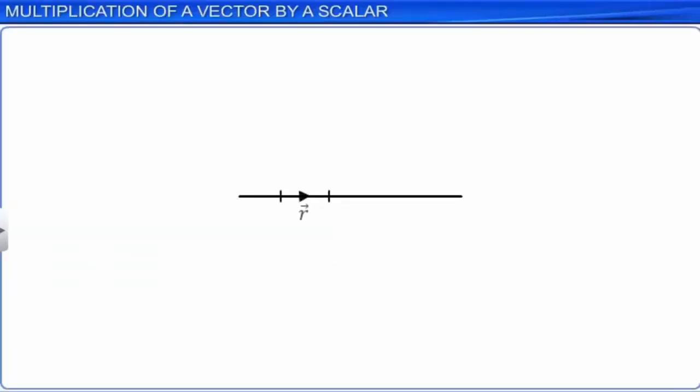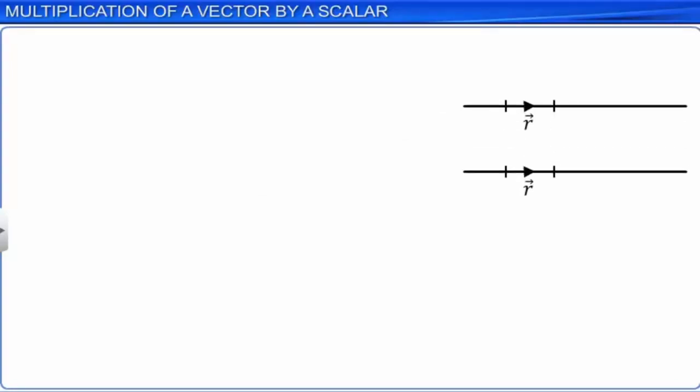Consider a vector R. If we multiply vector R by 2, we get another vector, 2R, with the same direction as vector R, but twice its magnitude.